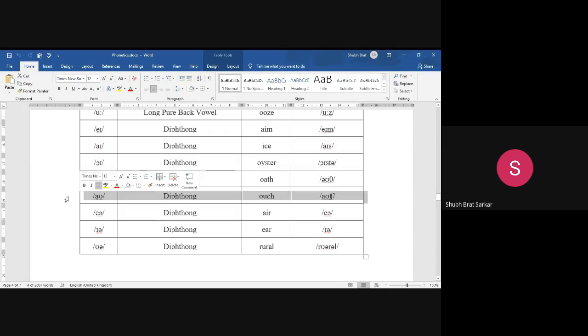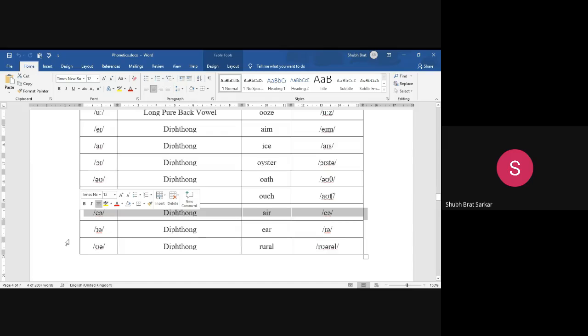Then we have aʊ, again a diphthong, in a word like ouch. A combination of two phonemes, aʊ and ch, ouch.